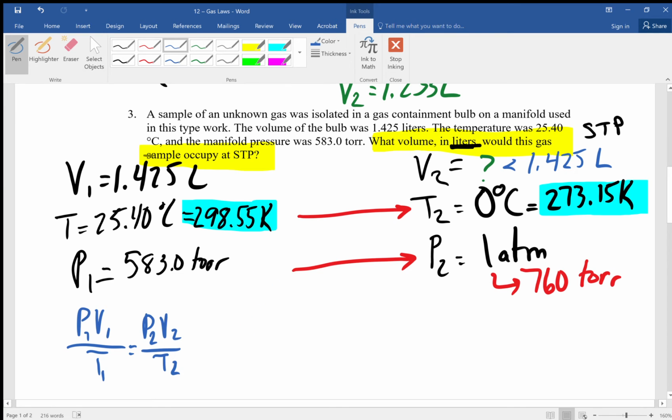So now we just plug our values in and we solve for V2.